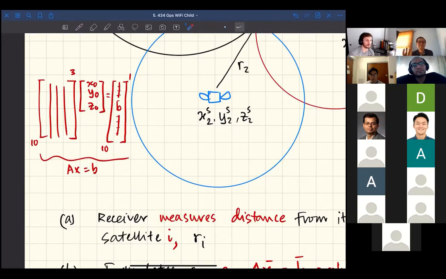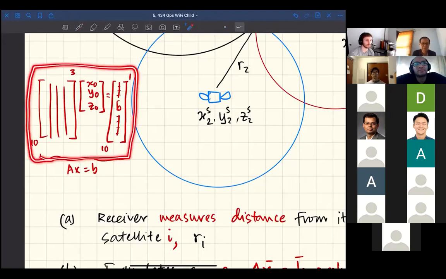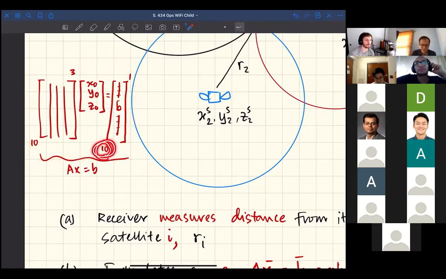Exactly. So this formulation, if I give you and say the GPS problem, the GPS chip in your phone is solving this AX equals B problem, how many satellites is your phone seeing? You should be able to say, my phone is seeing 10 satellites.